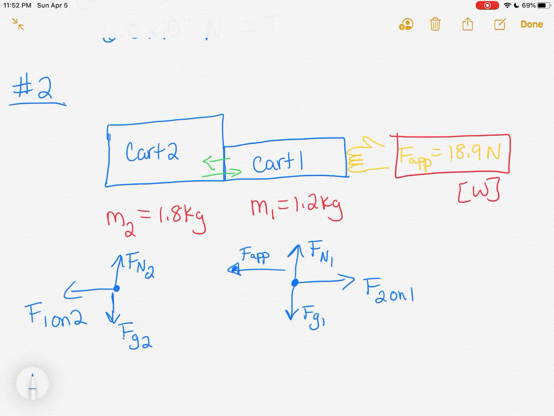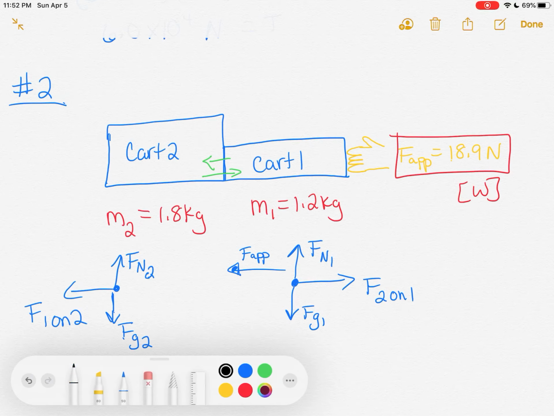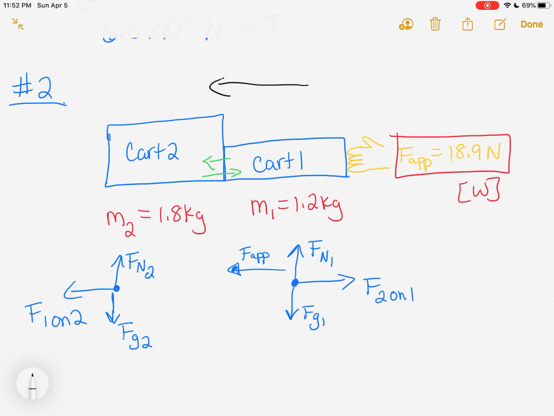That looks a little bit better. So cart number 1 has cart 2 pushing back on it. Sorry, I got those two confused. And cart 2 has cart 1 pushing forwards on it. Then let's make sure that we label our motion in our problem as well. We're going to the left, to the west, in terms of our motion.